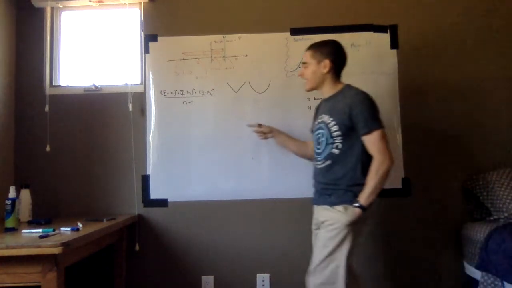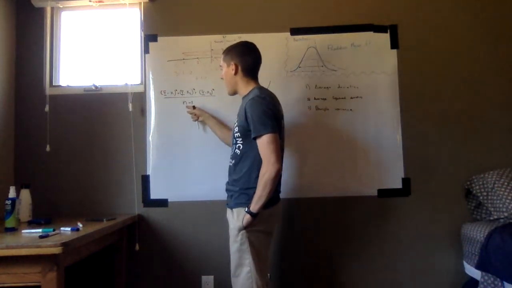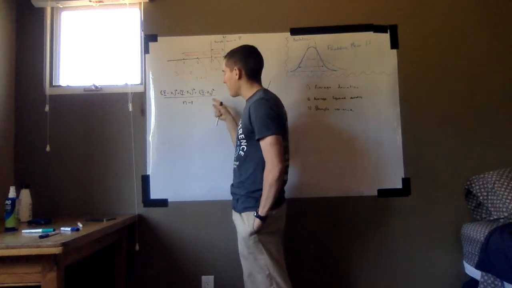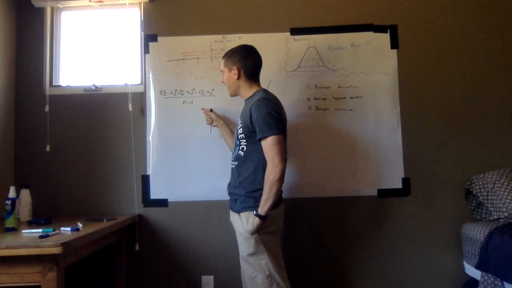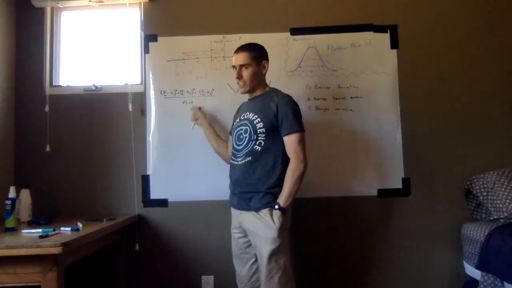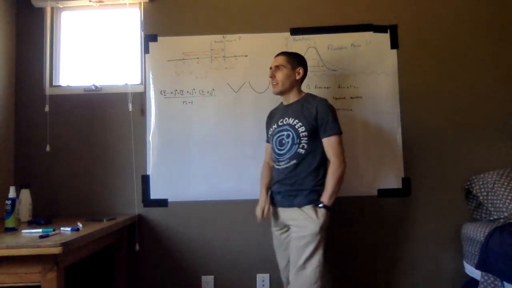But how do we know that making it bigger by decreasing n in this way is the right amount?